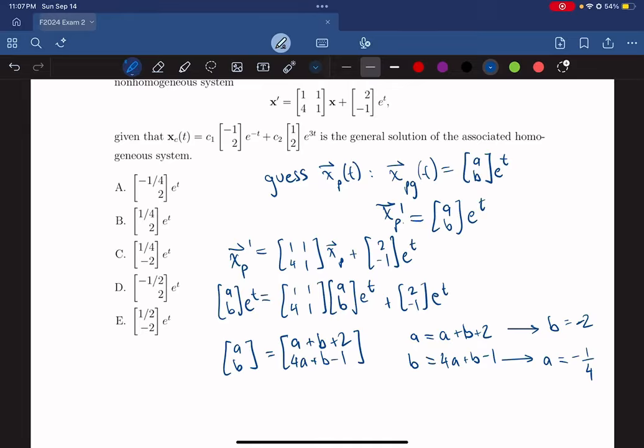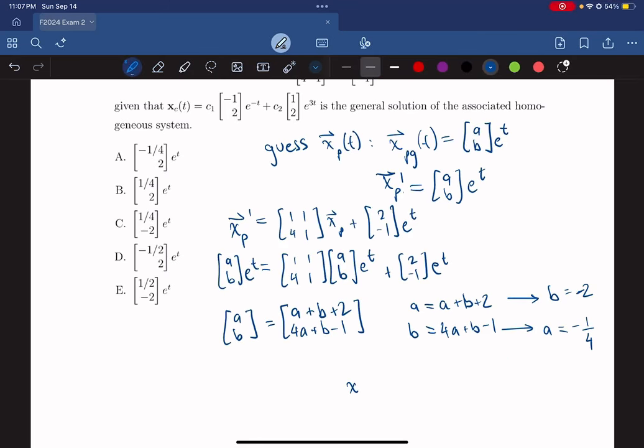Which means that now we go back up here, and we know that our xp of t is negative 1/4. Hold on, is that right?